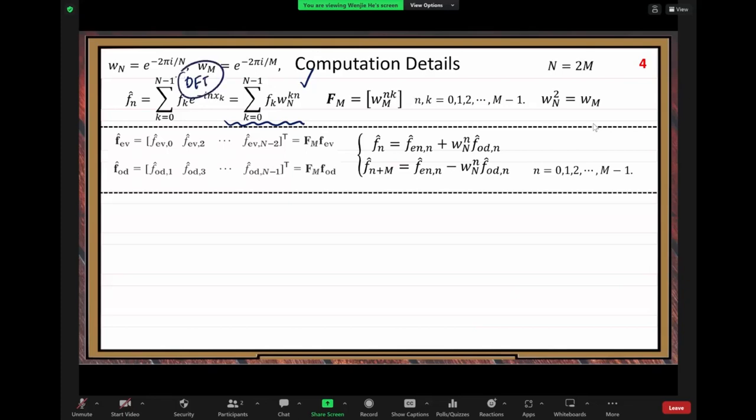Then we represent this formula in matrix form. This is the matrix form. We multiply this N by N matrix, which we call the Fourier matrix, N by N. In order to get the frequency, we need to convert the sampling values from the time domain to the frequency domain.